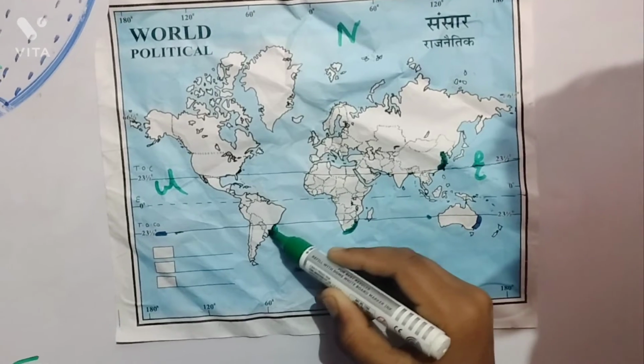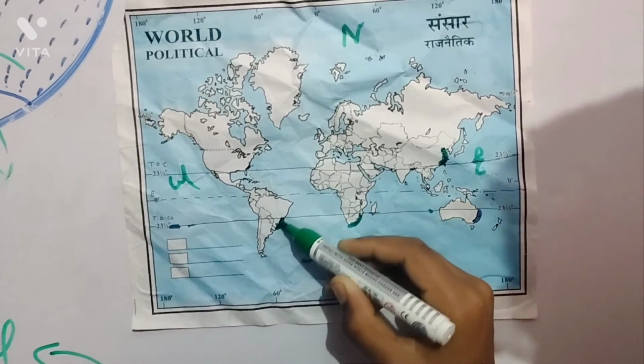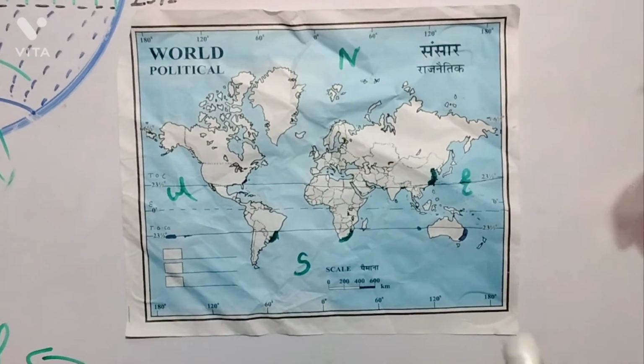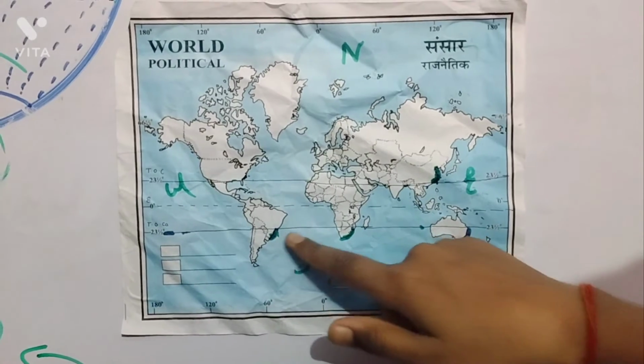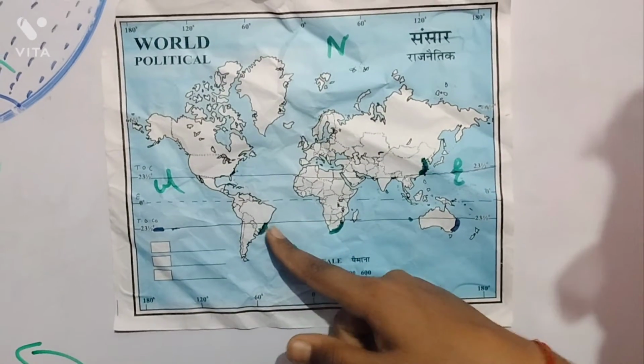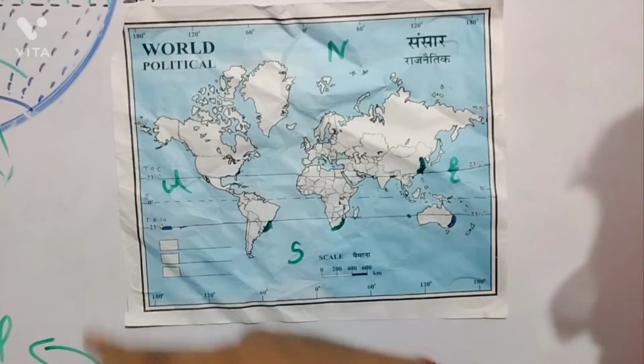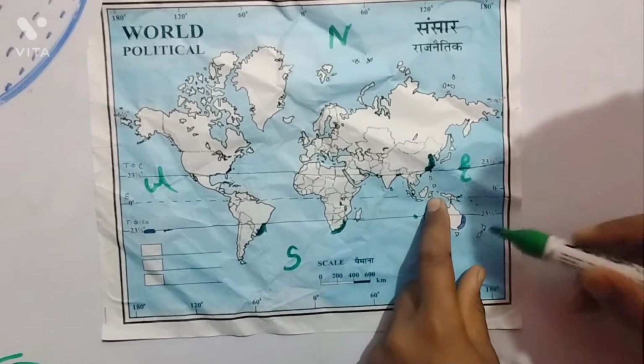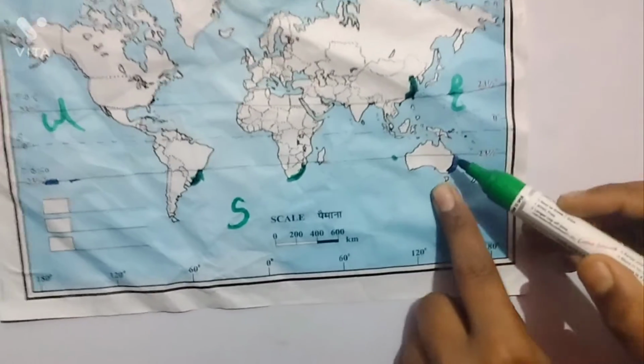So this is the temperate zone, where it is not very hot, and it is below the tropical region. In this season temperate evergreen forest is found. And East Australia, as you can see in the picture, is below the equatorial line.